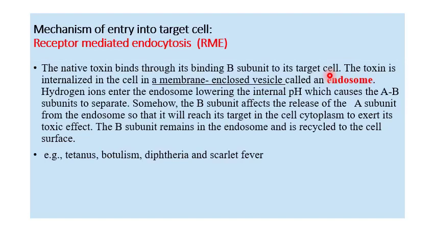As we said, the exotoxin has a certain target cell. It may be a nerve cell, liver cells, kidney cells, whatsoever. So each toxin's B subunit can bind to a certain target in the body. So it goes to this target cell. The B subunit plays its role, which is binding to the receptor. The toxin is internalized in the cell in a membrane enclosed vesicle called an endosome.